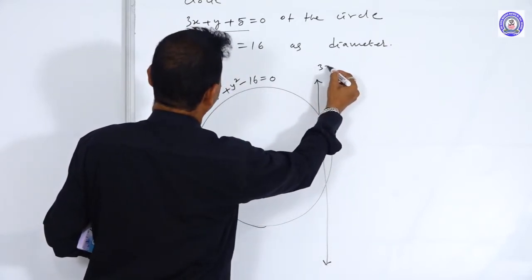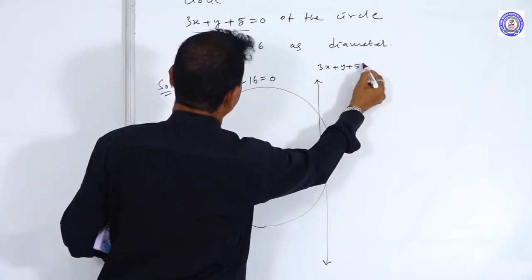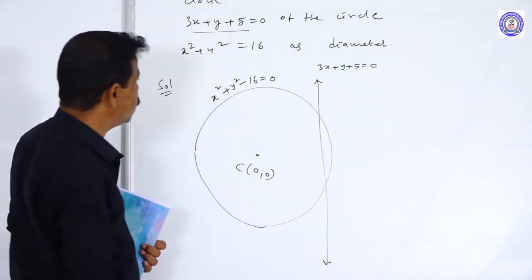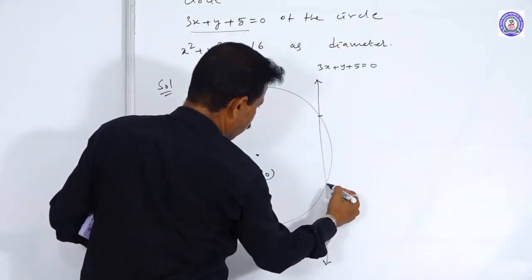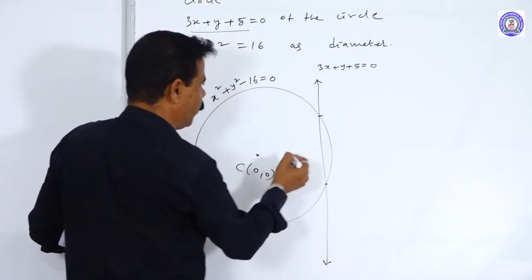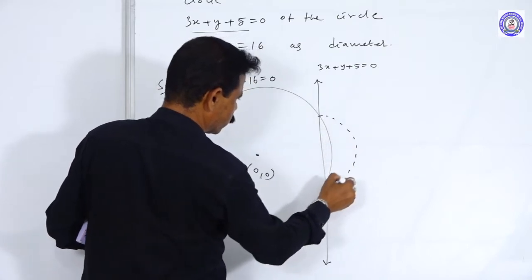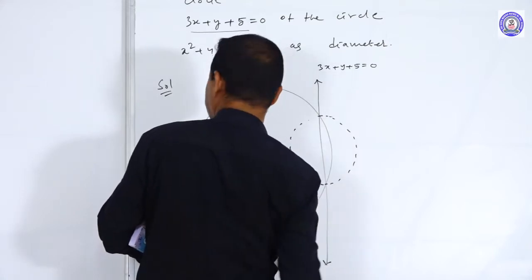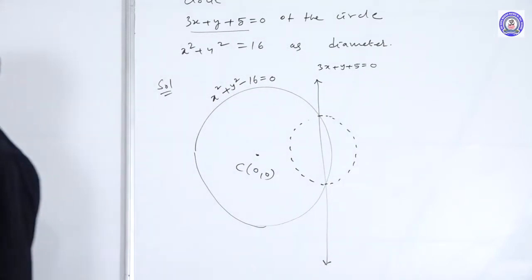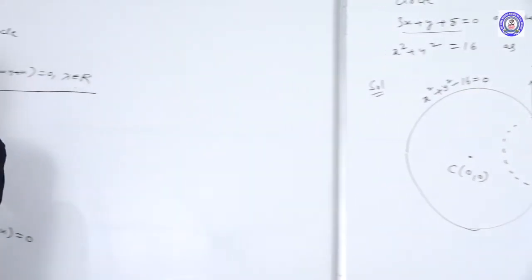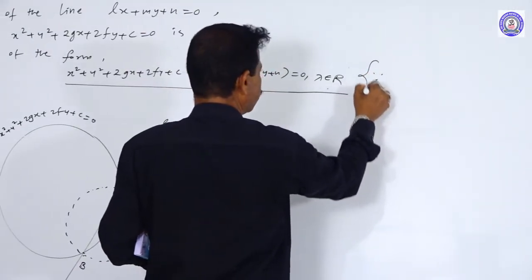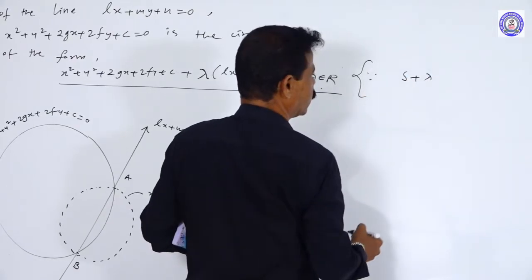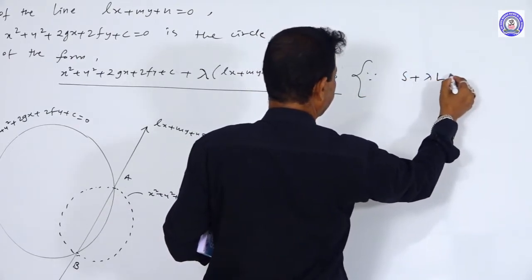One line is given, and that line is the chord. This is 3x plus y plus 5 is equal to 0. This is the line, that line is the chord. In this case, this chord is the diameter. So how do we write this equation? In a simple shortcut way, the circle is denoted by S, and the line is represented by L is equal to 0.